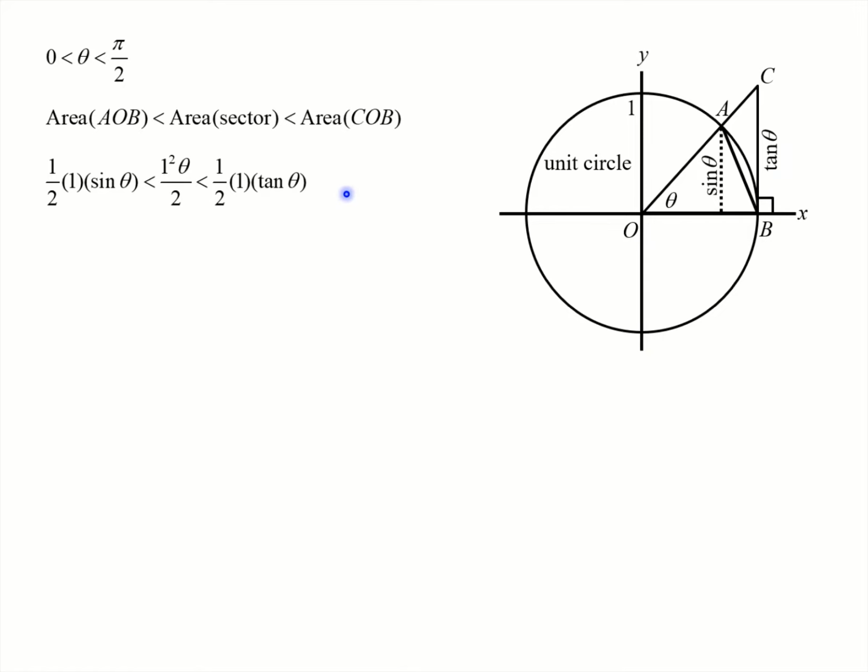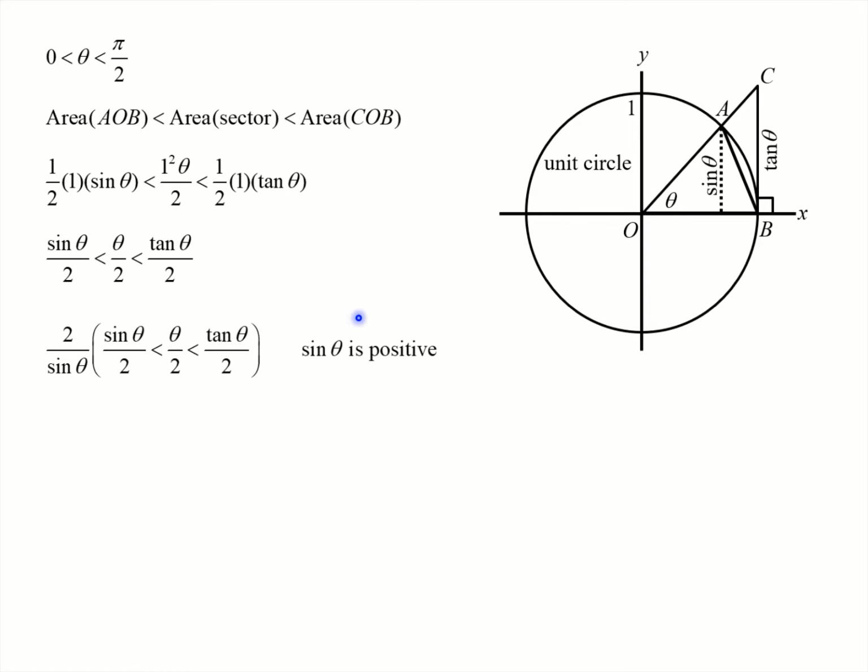So we have this right here. So let's write this, simplify some things here, make it look prettier. Sine theta over 2 is less than theta over 2 is less than tangent theta over 2. I'm going to multiply this inequality by 2 over sine theta.